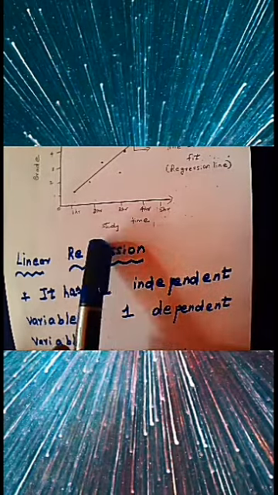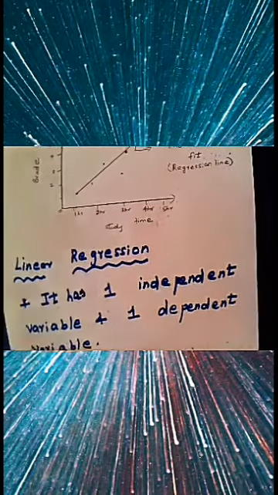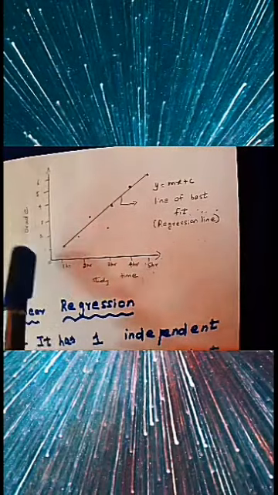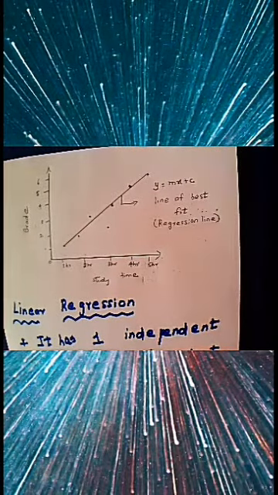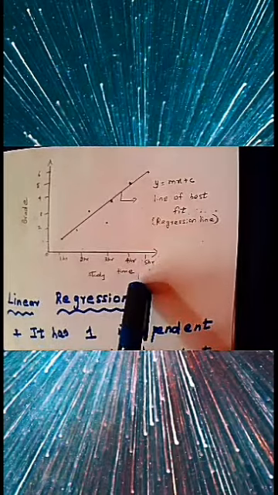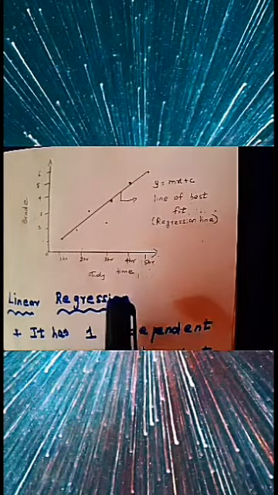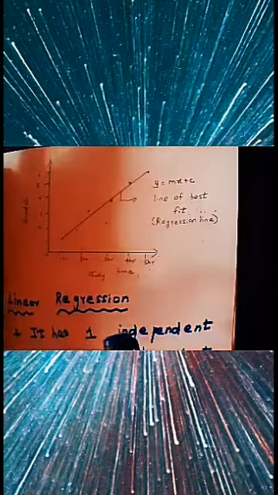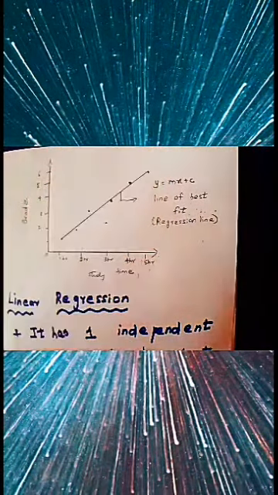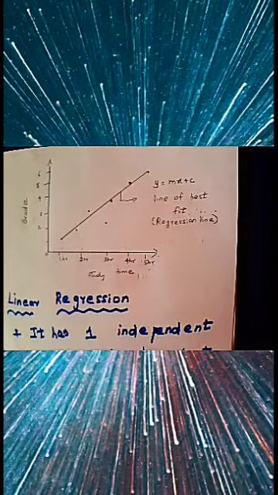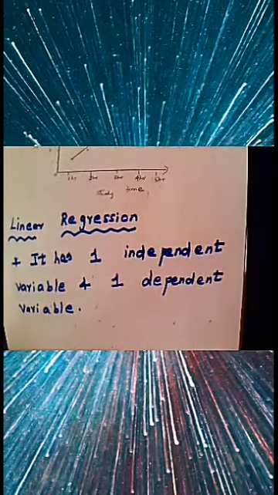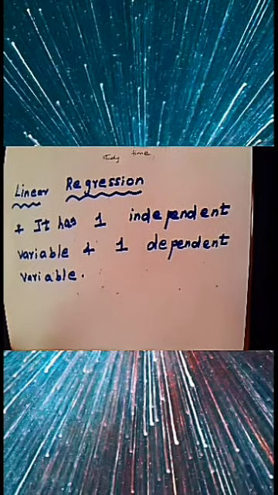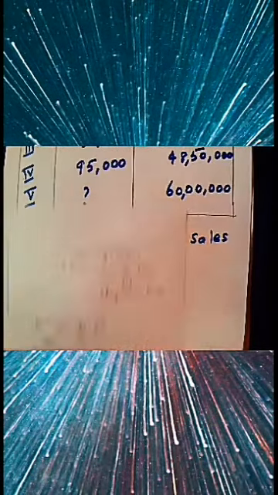Here you have study time as one variable, and grade on the y-axis is the y variable. Study time is the independent variable and grade is the dependent variable. Grade depends upon the study time. So you have one independent variable and one dependent variable. I'll explain more clearly with an example.